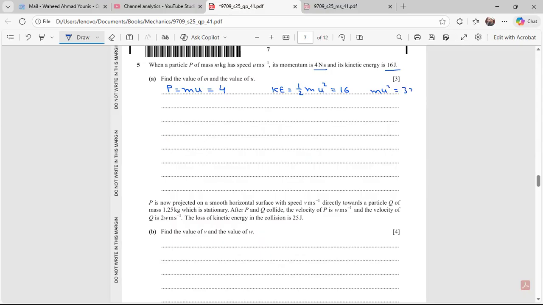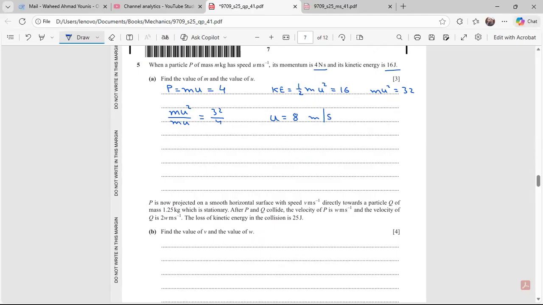Okay, so now we have two expressions. We need to find the two unknowns. Let's divide this equation by this equation. So it is m u square divided by m u is equal to 32 divided by 4, right? So m cancels and we have u equal to 32 over 4. So this is 8 meter per second. Easy.